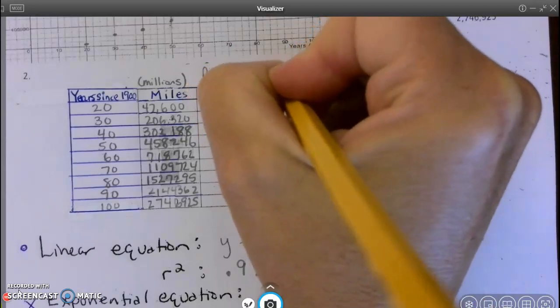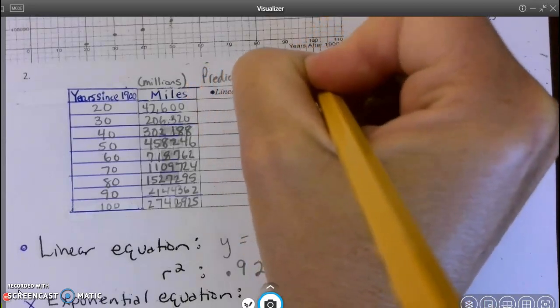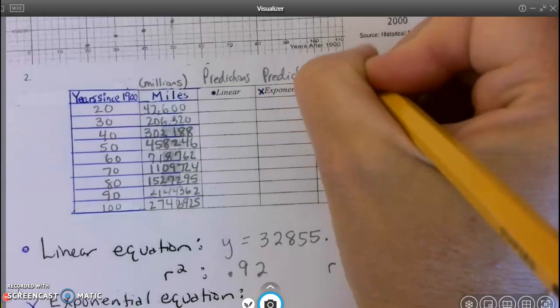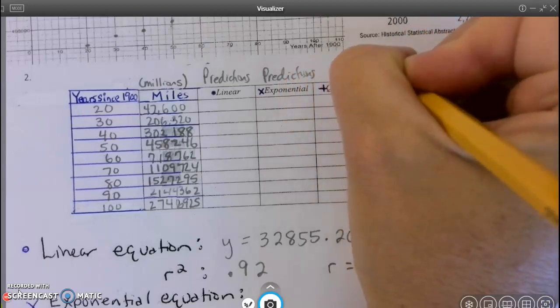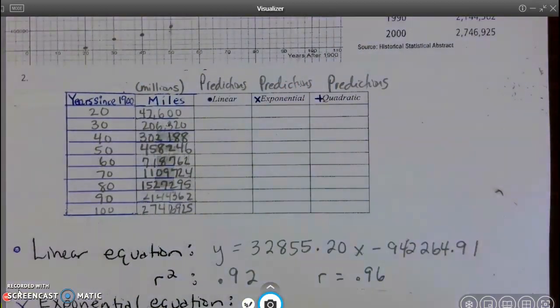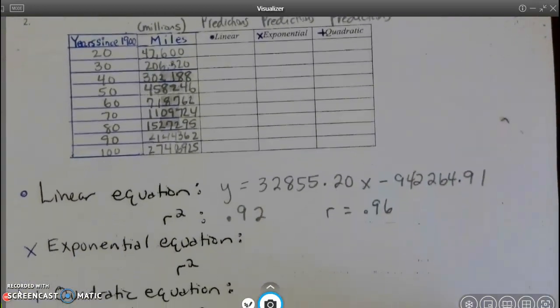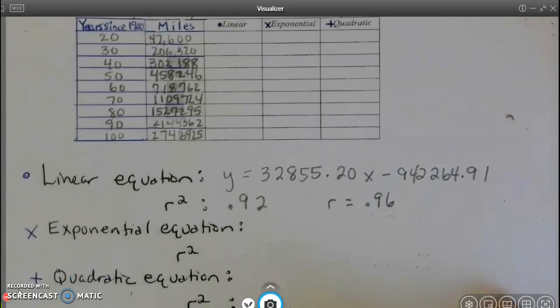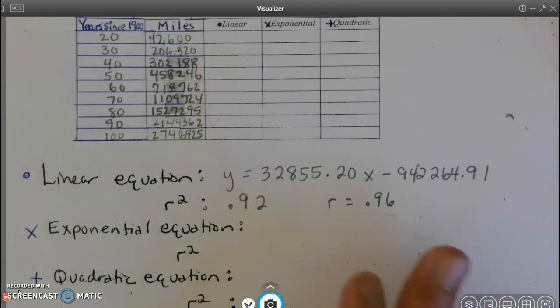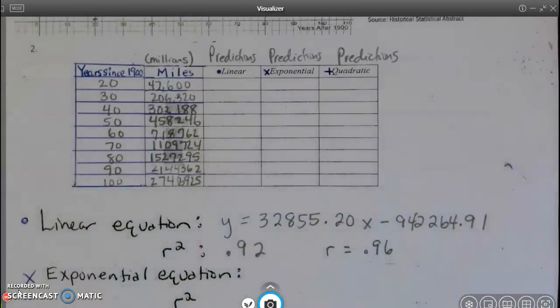These are all of my predictions, and I'm going to use my models to do them. So I'm going to show you how to do the linear predictions, and then you will do the exponential and quadratic predictions using the equations that you got on your calculator. So once again, we need to go back to the calculator.